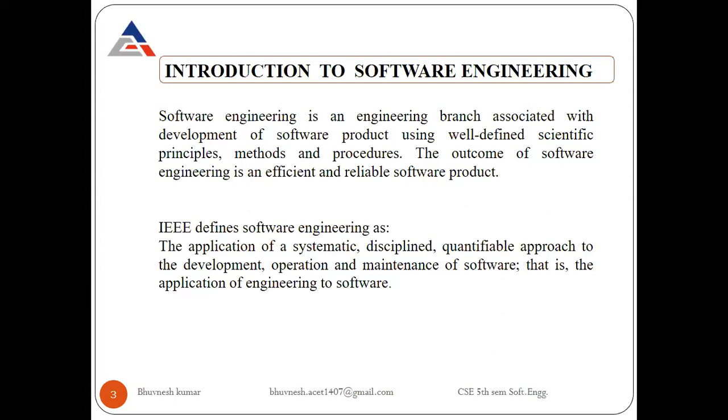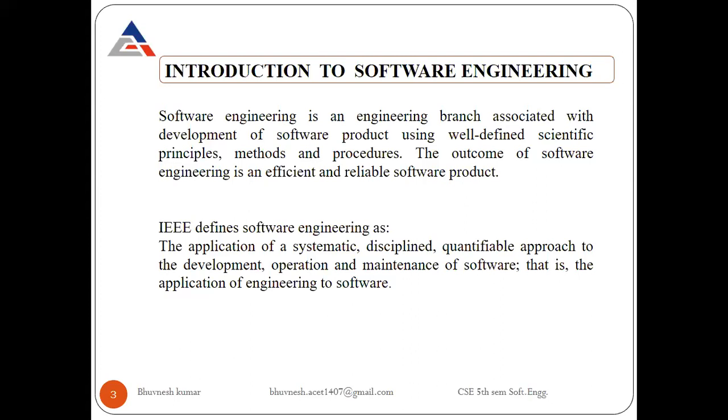Okay, and all this we will study, how we will make our product effective and reliable, when we study each and every concept of software. Okay, this is the outcome of software engineering. That is, software engineering is an effective, efficient and reliable software product that we have to develop.